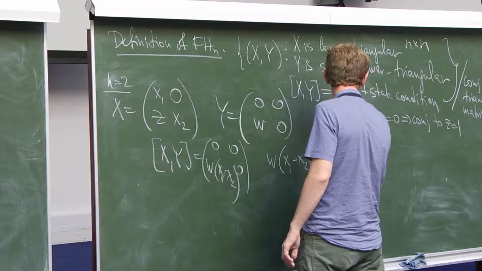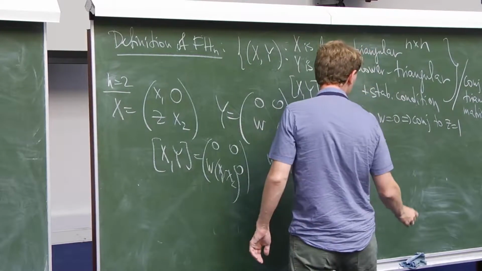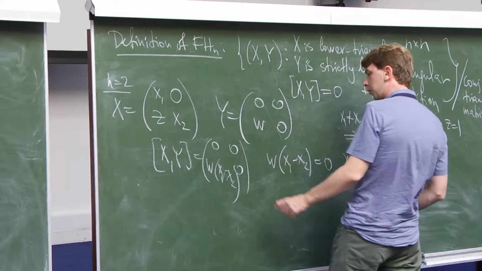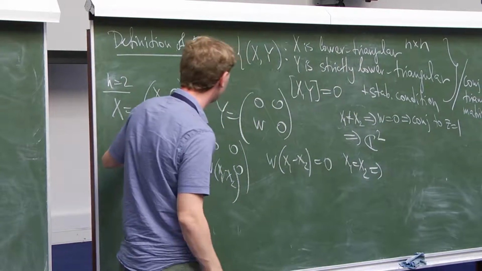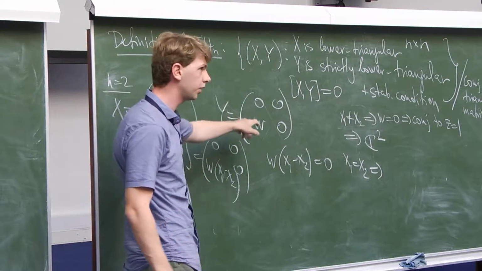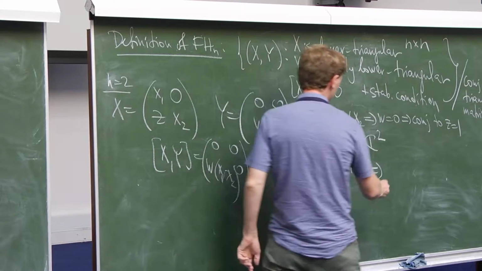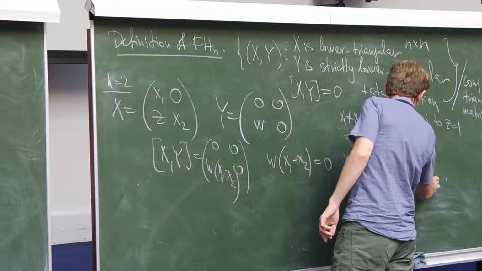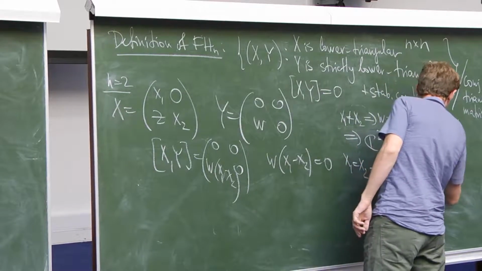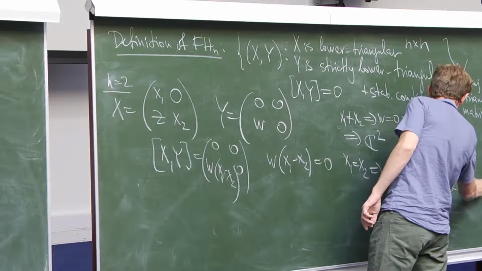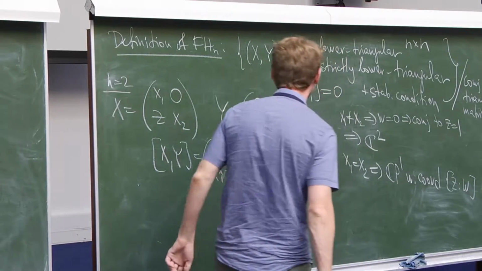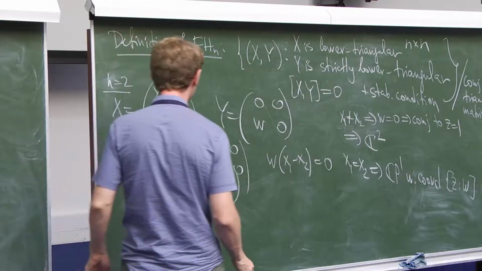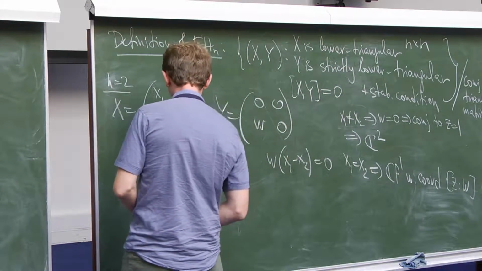And if x1 is equal to x2, then w could be anything, but the ratio of z and w is fixed, because if I conjugate, I multiply them by the same number. So in fact, I will get CP1 with coordinate. And so my space would look like the following.